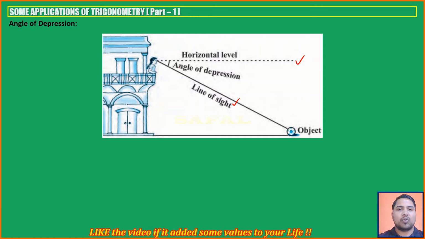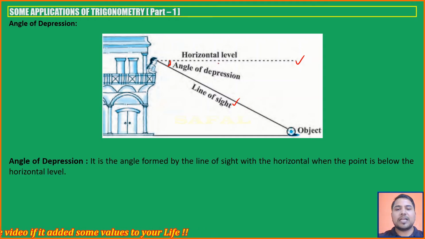We can see the line is coming out from the eye of the observer parallel to the ground. Now whatever this line of sight makes angle with the horizontal, in this case we call it as angle of depression. So basically it is the angle formed by the line of sight with the horizontal when the point is below the horizontal level. That means whenever observer position is at a higher level and object under observation is at a lower level, then the observer has to depress his or her head in downward direction.